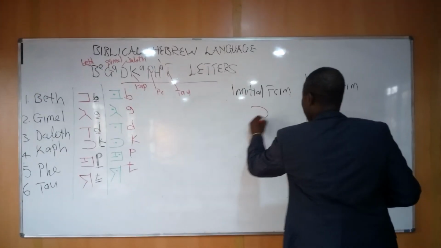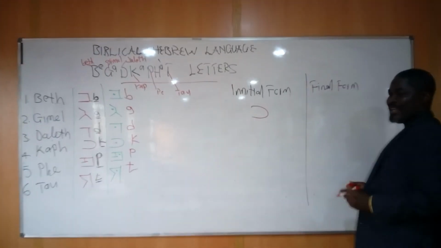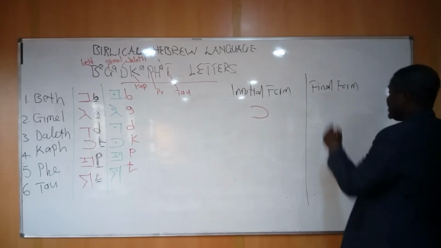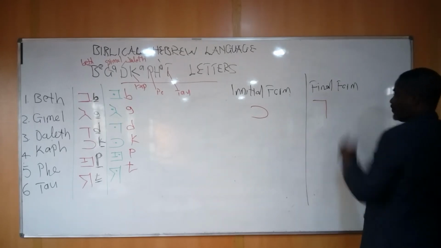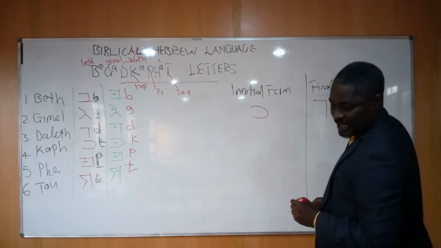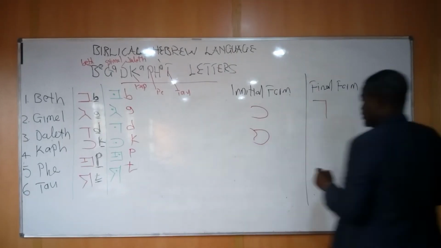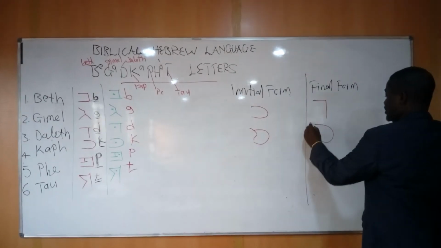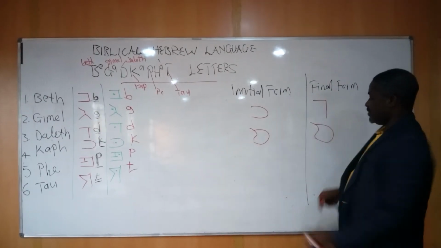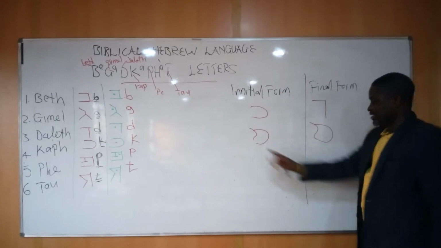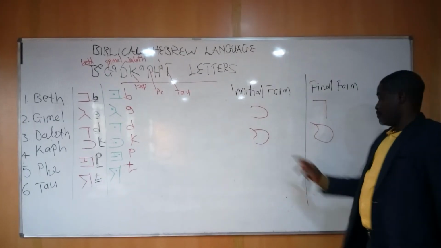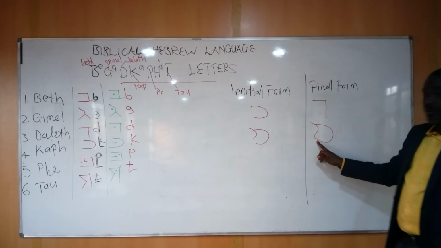This is Kaf. But when this letter ends a word, the form changes to the final form, Kaf. After Kaf, you have Mem, written this way. But in the final form, it is written this way. This place is open, it's not closed. But in the final form, it is closed.